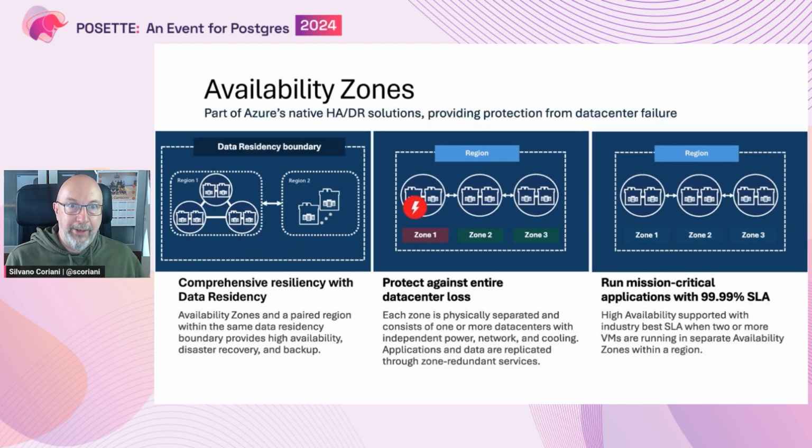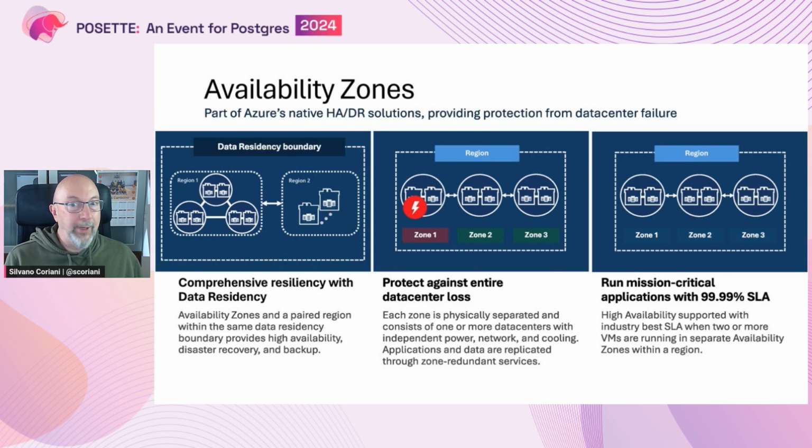Availability zones are another super important aspect in creating these highly available solutions. The combination of availability zones and paired regions is giving us the ability to set up mission-critical applications and tolerate, for example, losing an entire data center and still keep our business up and running within the other two availability zones in a system.